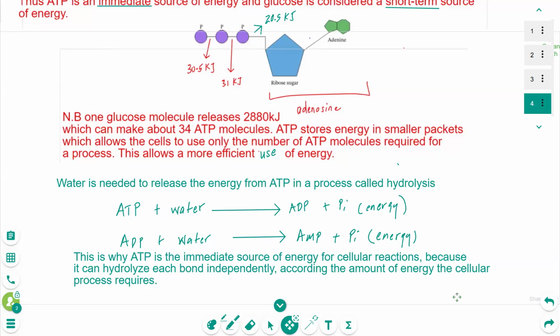So we're going to make a comparison table, showing you the features of glucose versus ATP.